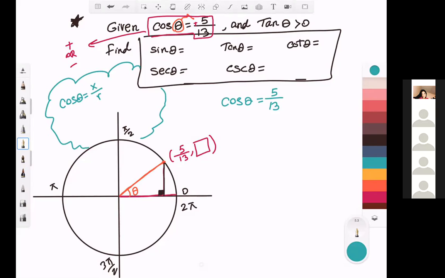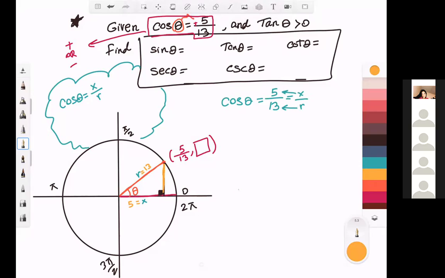This is x, that's r. That means x is 5, r is 13. So I'm going to put 5 and 13. We use the Pythagorean theorem to solve for the y value, this value.